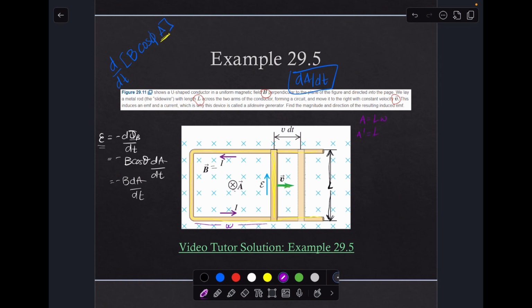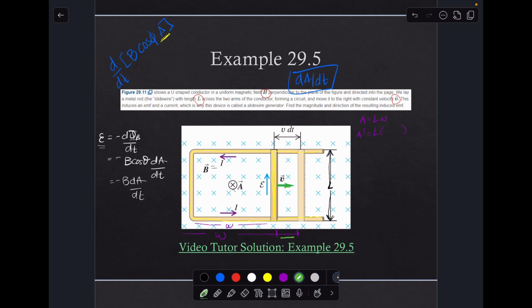It's going to be the length, which is the height of the bar, times the new width of the circuit. The new width is going to be W, plus this piece right here.